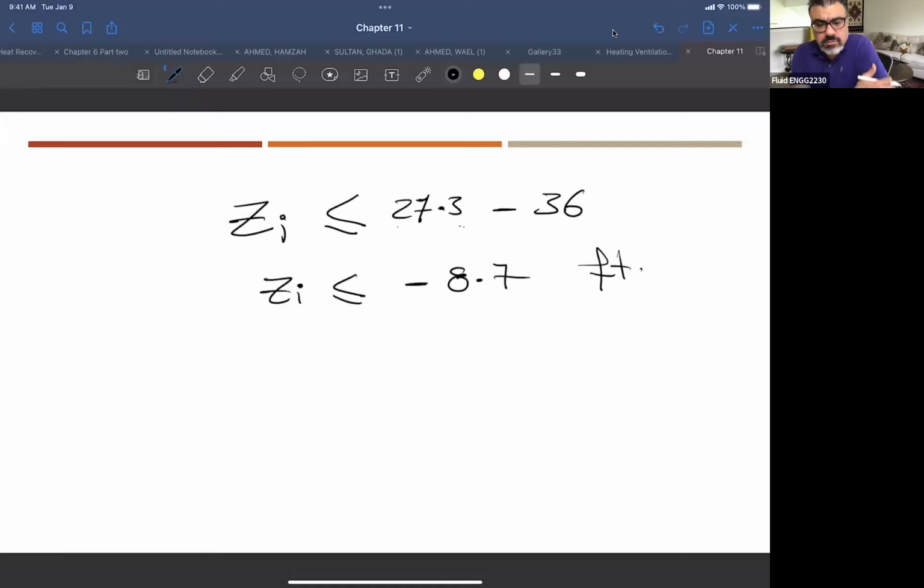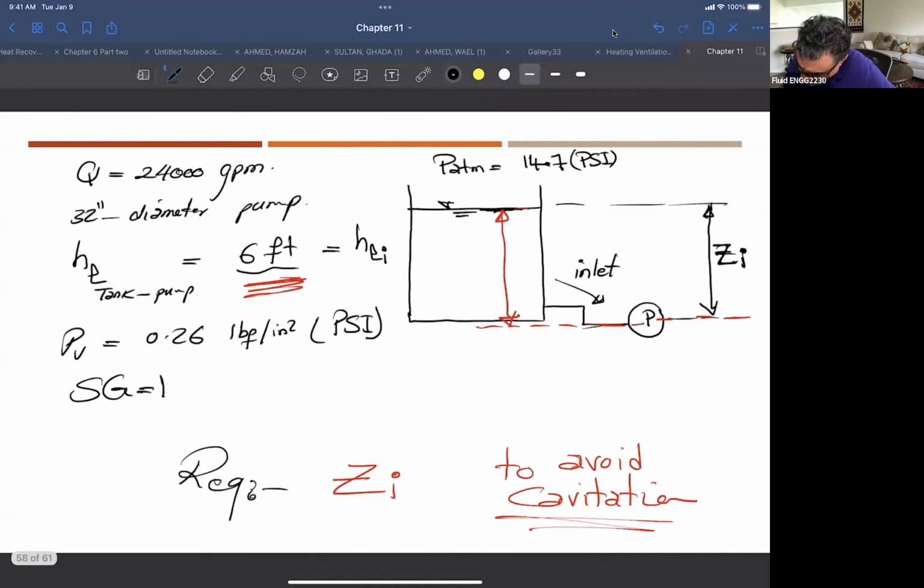What is this telling you? Anyone? Any perspective here? So in order to avoid cavitation, this criteria has to be valid. That means the location of the pump has to be less or equal to minus 8.7. So remember, location of the pump, this is 0, right? This is your 0.